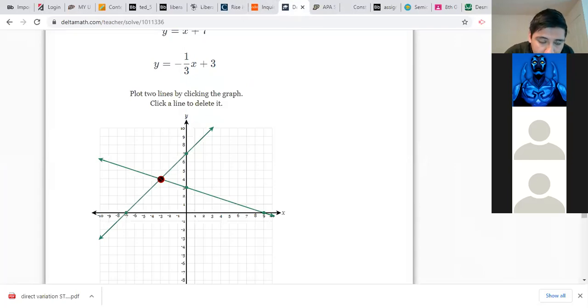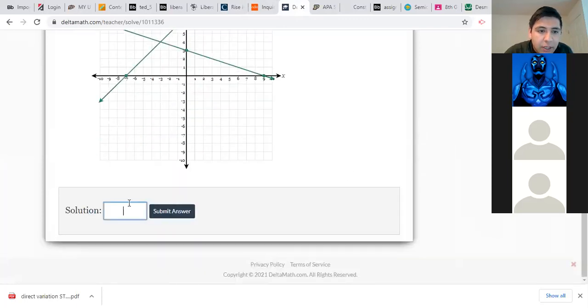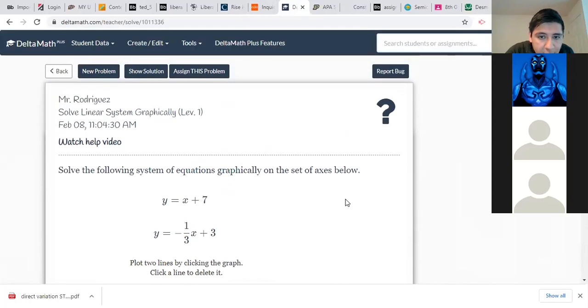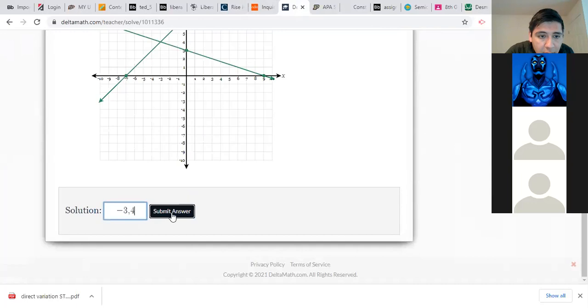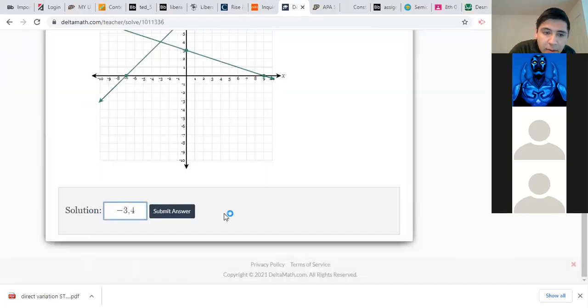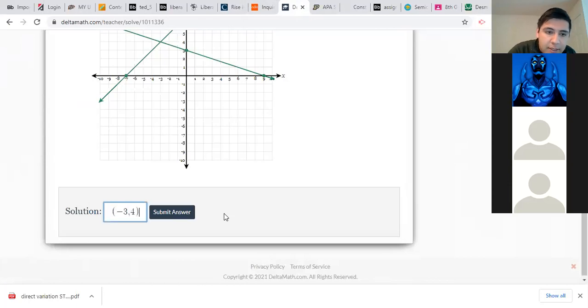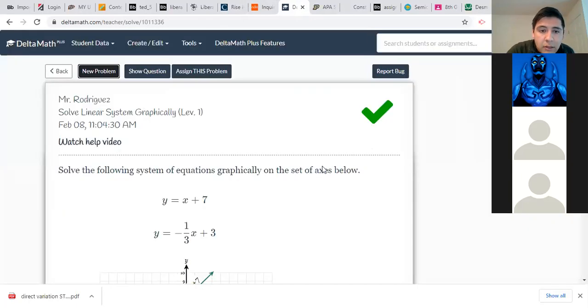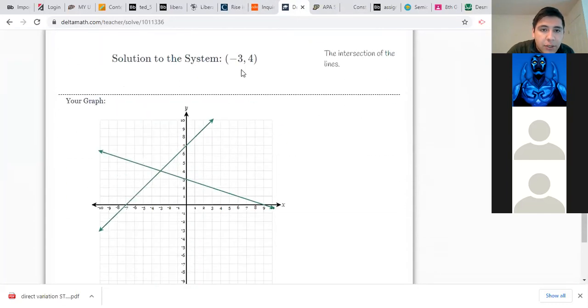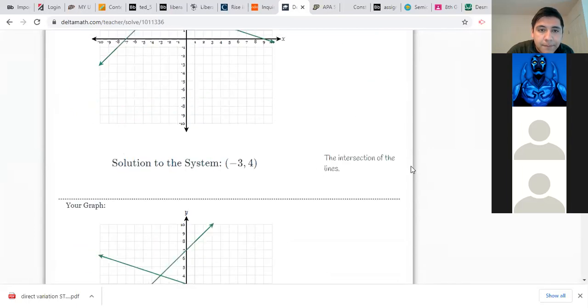And we can see right here that it's the same thing. -3 and 4 is where they intersect. So when we come down here, our solution is -3 and 4. I don't know if that's actually how you're supposed to put it in though. Let's see. Yeah, so as a coordinate point, inside parentheses. And there we go. The solution is -3 and 4.